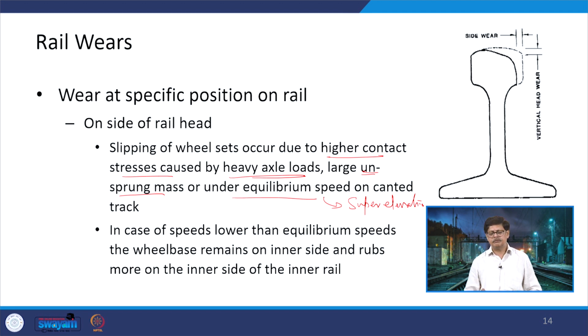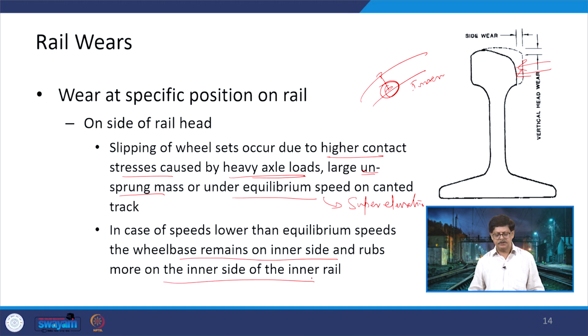Then the whole assembly will be shifting towards the inner side. So, more stresses will be here, that means the gauge face is going to be impacted more. In case of speeds lower than the equilibrium speeds, the wheelbase remains on the inner side and rubs on the inner side of the inner rail. So, that is what is being defined.